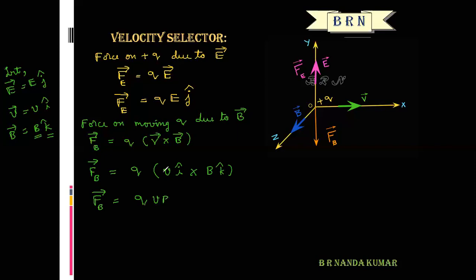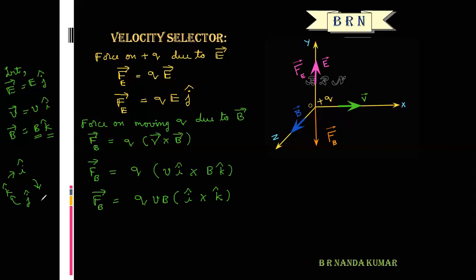So V and B are scalars, that is taken as outside. The remaining is I cap cross K cap, right? So I cross J means K cap. J cross K means I cap. So I cross K, that is minus J, right?